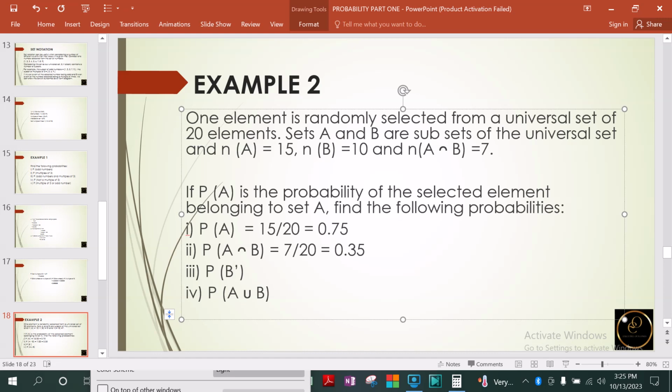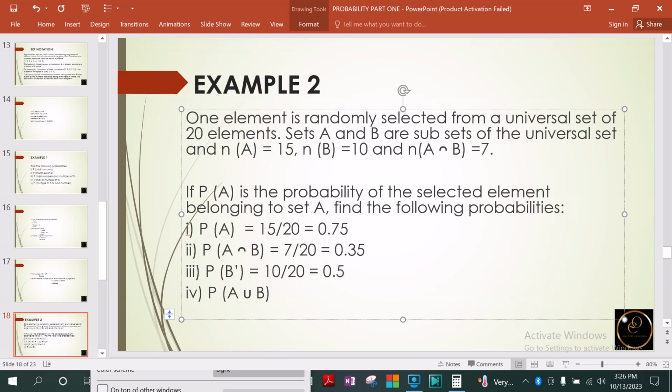So if in B there are 10, then outside we have 10. So B complement means the elements outside the set B. Here we are told set B has 10 elements, and the total in the universal set is 20. If 10 belong to B, then outside B there are 10. So we are going to have 10 divided by 20, which is equal to half, 0.5.